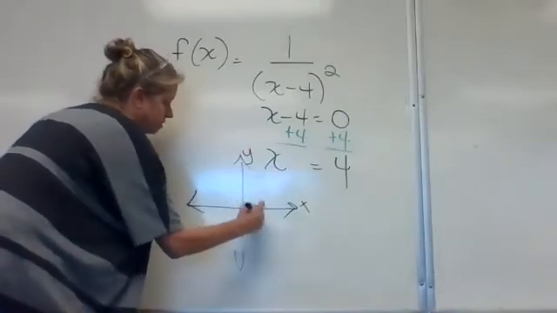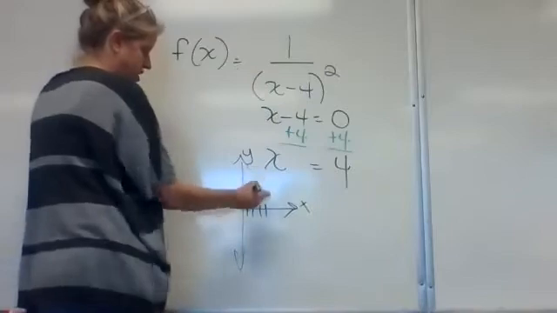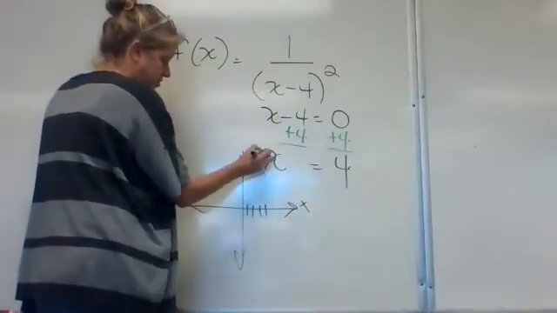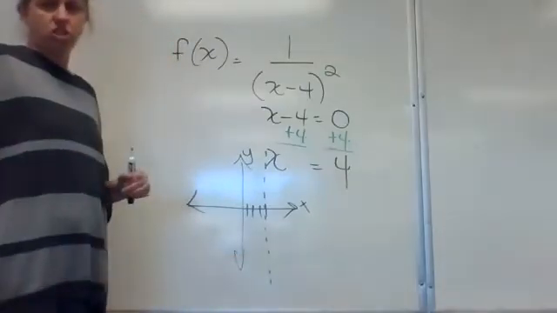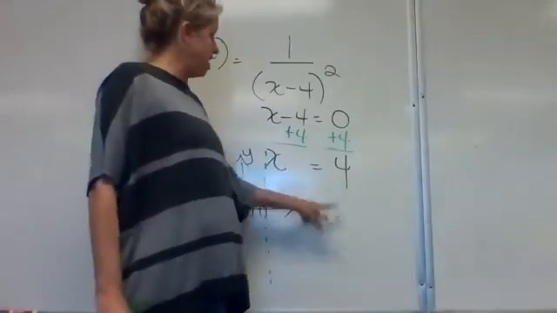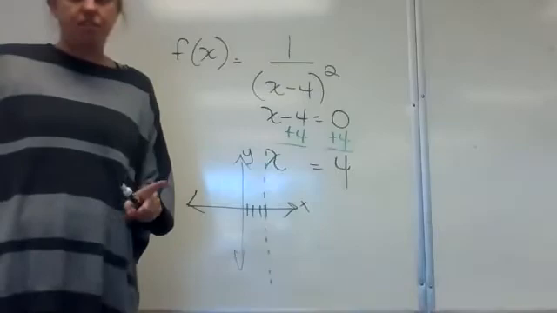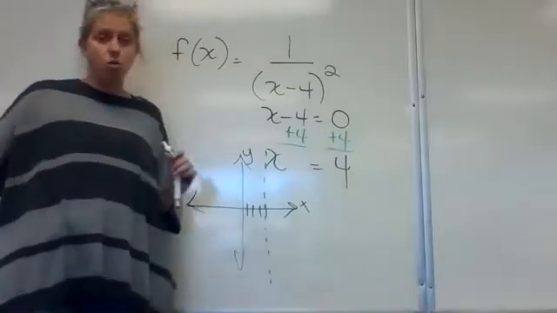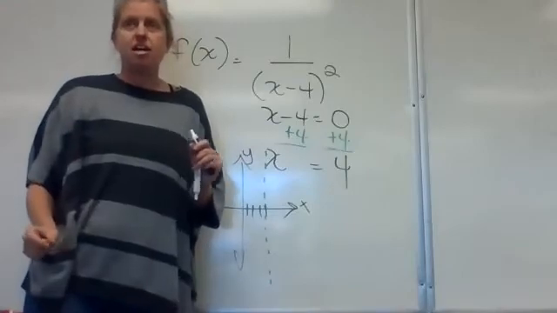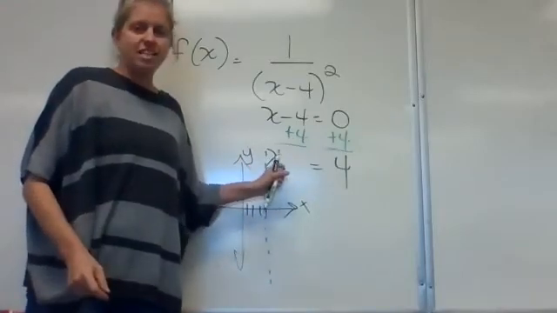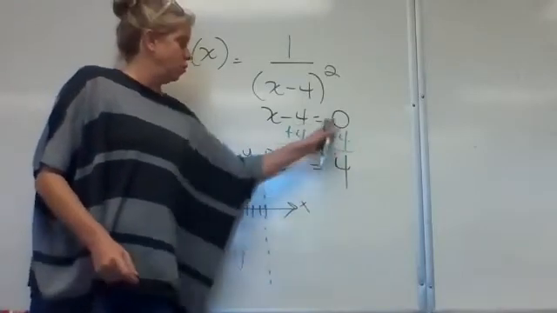What that tells me is that in this graph, if I was having to graph this or choose a graph that matches, there's a vertical asymptote going through the x at 4, just like that. So when you write it, it's already got the vertical asymptote is an equation because all lines have equations, okay? Its equation is always x equals whatever you got.